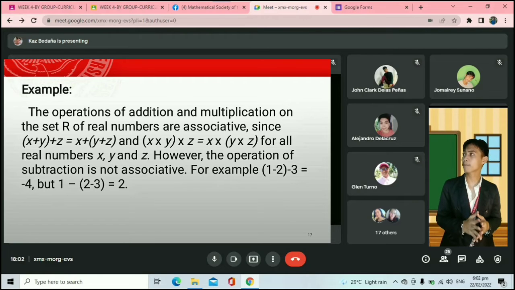However, the operation of subtraction is not associative.